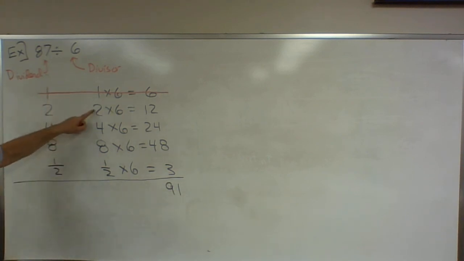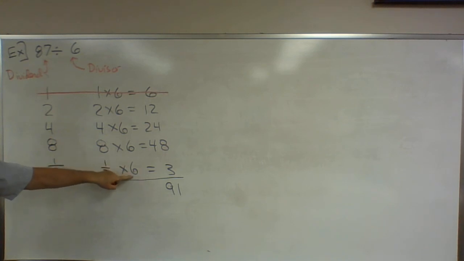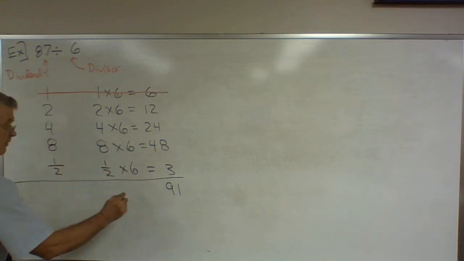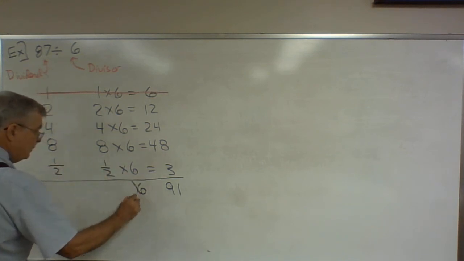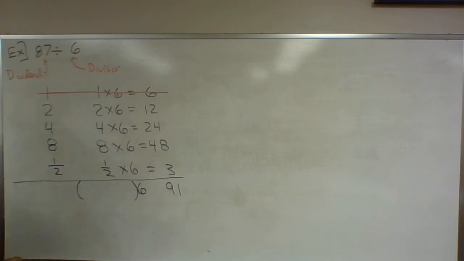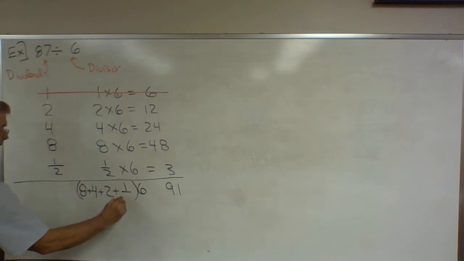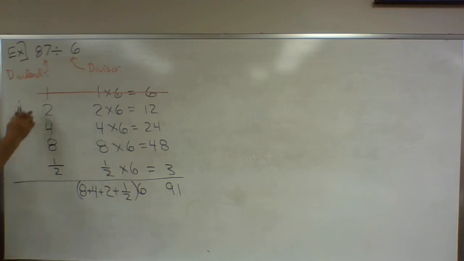And notice that in this column, 6 is a factor. So we're going to factor out the divisor and write down the distinct powers of 2, 8 plus 4 plus 2 plus 1/2. We've done step 1.